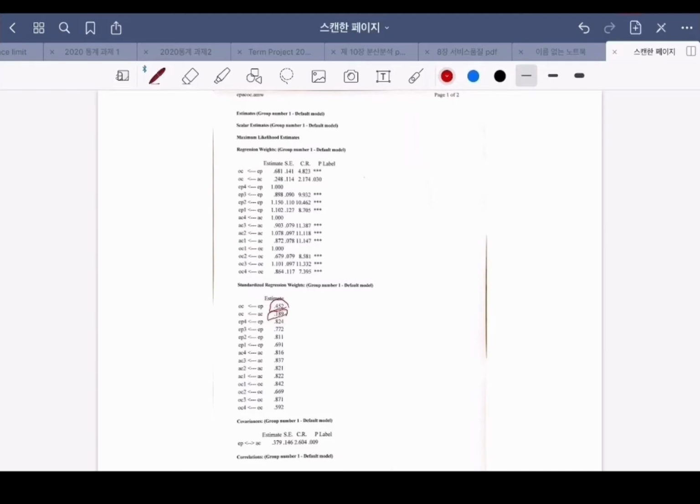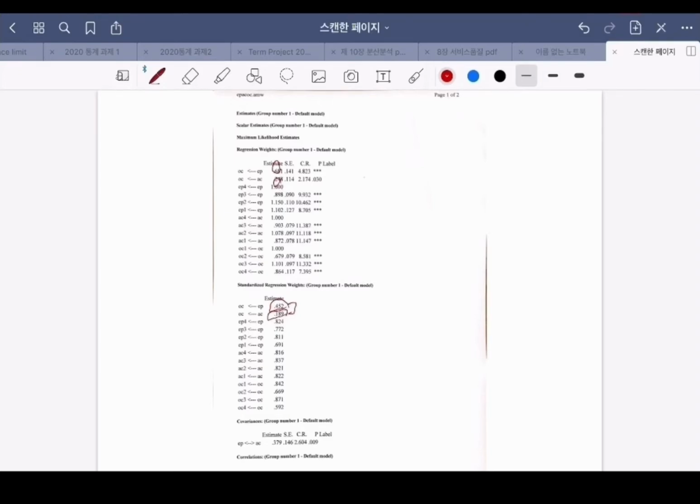By comparing these numbers, the relationship between EP and OC is stronger than the relationship between AC and OC. You can use these as coefficients too.